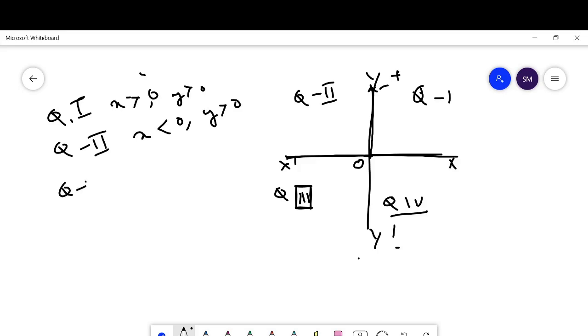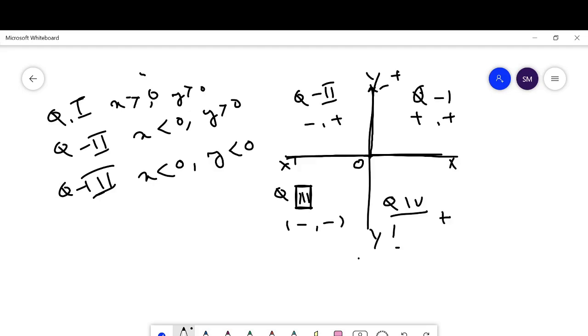In quadrant 3, both x is less than 0 and y is less than 0, meaning both are negative. And in quadrant 4, x is greater than 0 while y is less than 0.